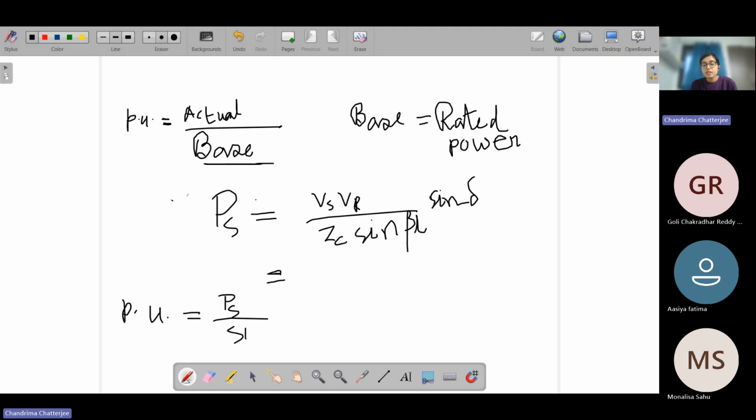SIL we already calculated. And you can also do another thing that will take even lesser time. These VS, VR, all these things are same, right? ZC, the characteristic impedance is same, sine beta is also same. So we know that your active power is proportional to sine delta.